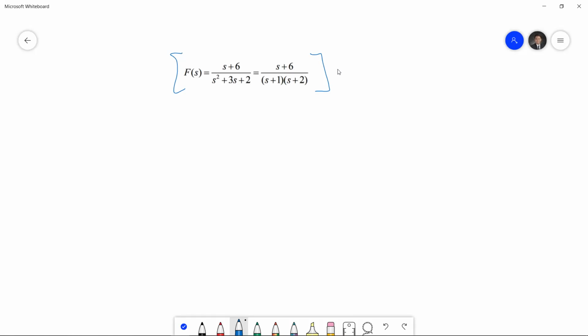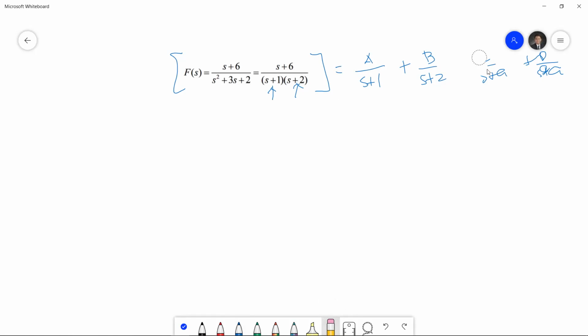Equivalent yan ng a over s plus 1 plus b over s plus 2. Pag hiwa-hiwalayin mo lang yung denominator. Yung denominator ng isa, s plus 1, yung isa, s plus 2. Kung marami yan, s plus a, s plus b, s plus c, dadagdag ka lang. C over s plus a, s plus b, and so on and so forth. Ganun lang yung mangyayari dito.